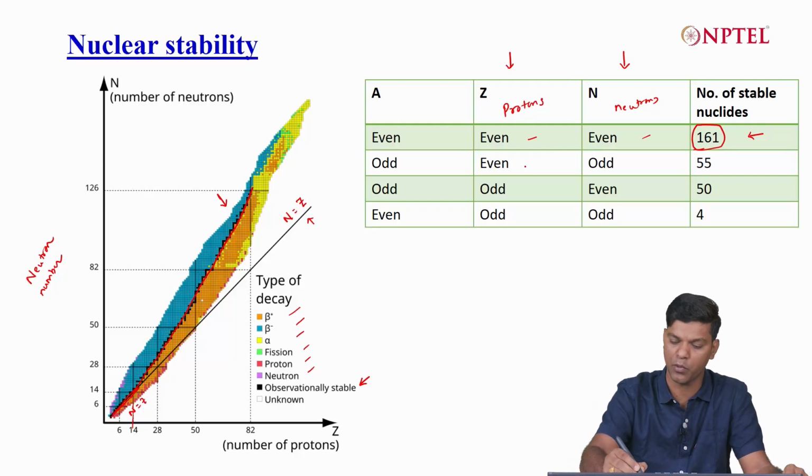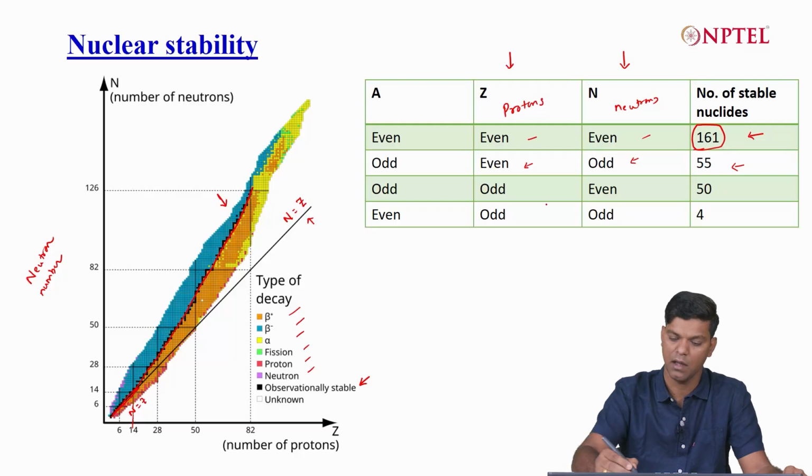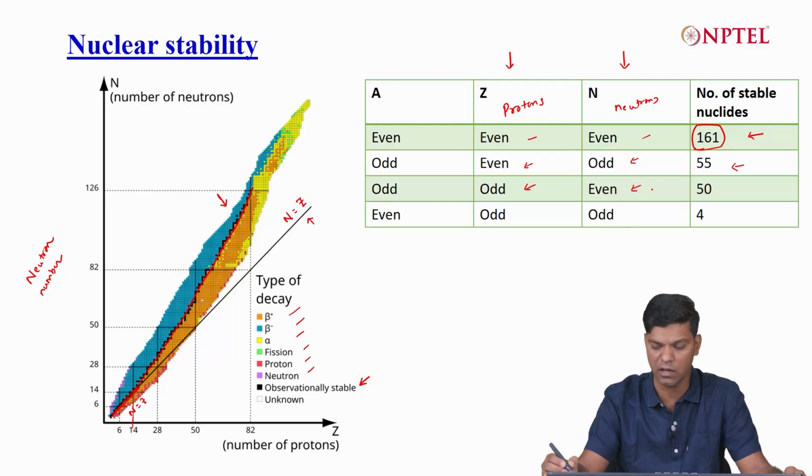If the protons are even but neutrons are odd, then around another 55 stable nuclides are observed. If the protons are odd and the neutrons are even, then around 50 more are stable nuclides.